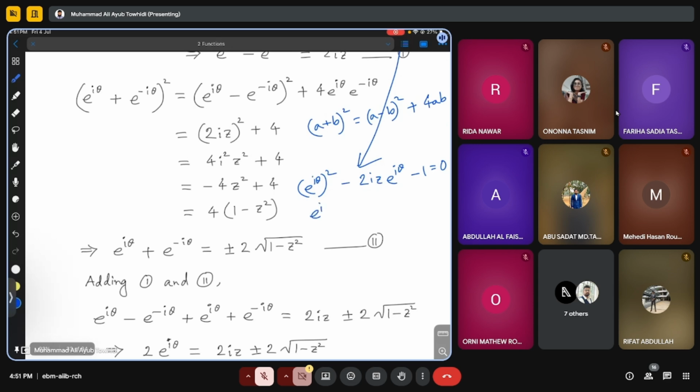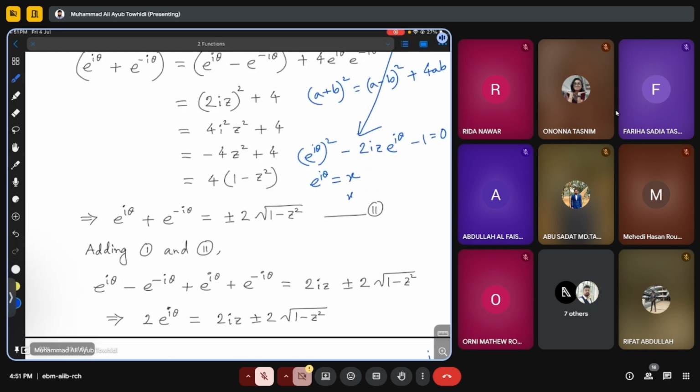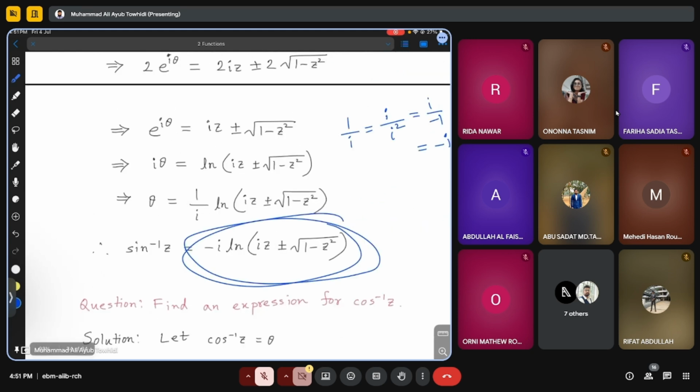Now e to the power iθ, compare it with x. Then the equation is x² minus 2izx minus 1 equals 0. So this is a quadratic equation in x. Can we solve that? Yeah, just use the formula and solve it. You will get the same answer.